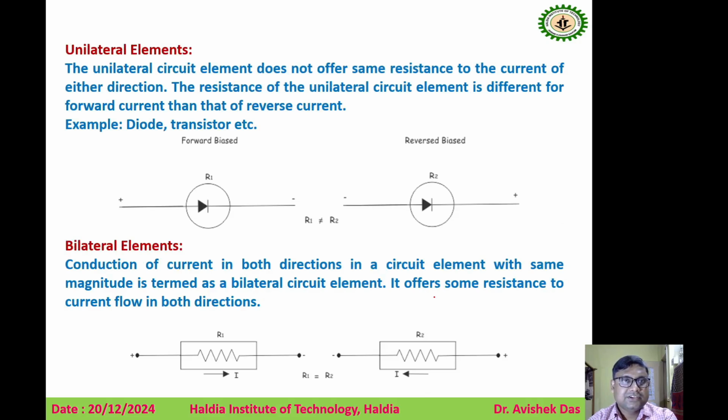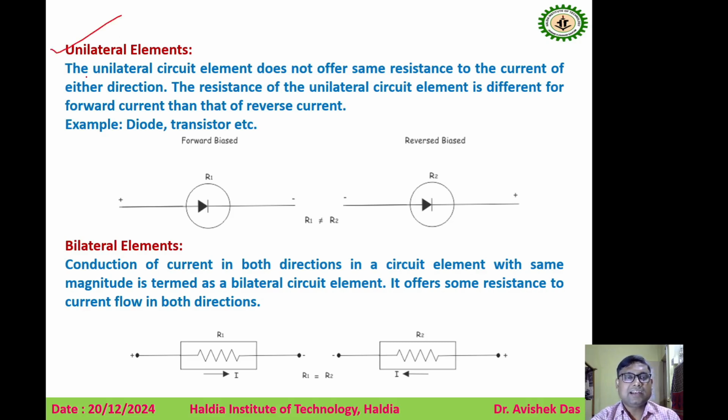Right? Next, we discuss the unilateral element and the bilateral element. These are also network elements. So what is the unilateral element and what is the bilateral element? First we discuss the unilateral element.